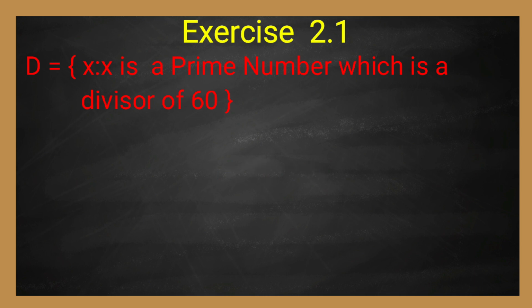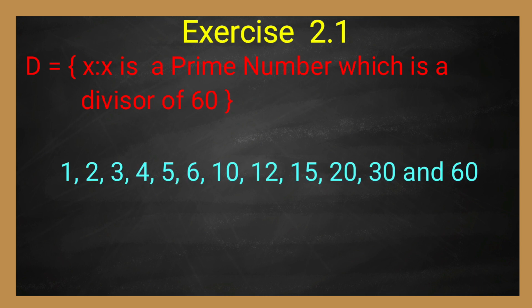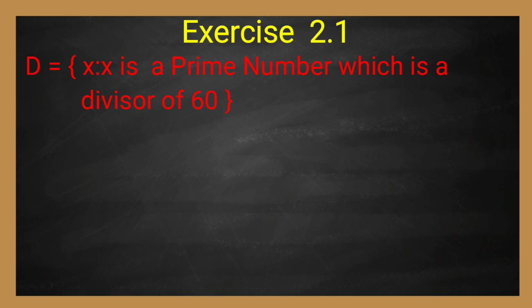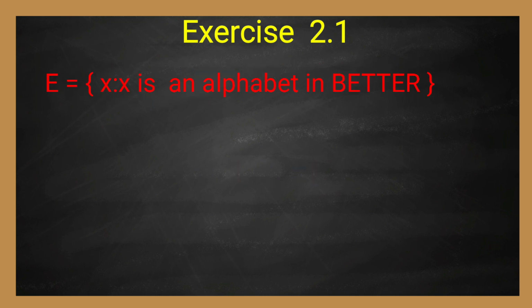Therefore, 60's factors are 1, 2, 3, 4, 5, 6, 10, 12, 15, 20, 30, 60. From this, we should collect only prime numbers. They are 2, 3, 5. Therefore, set D equal to 2, 3, 5.